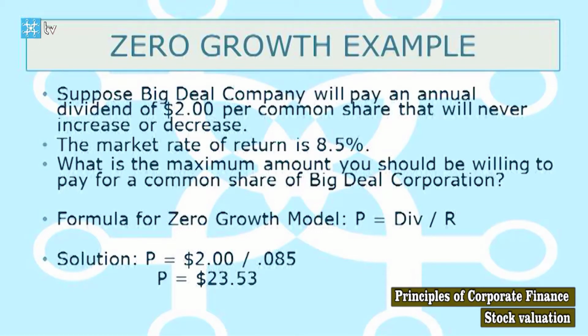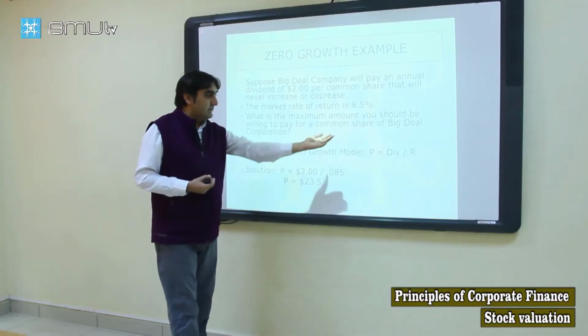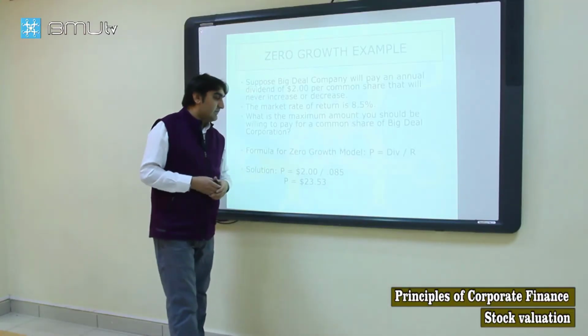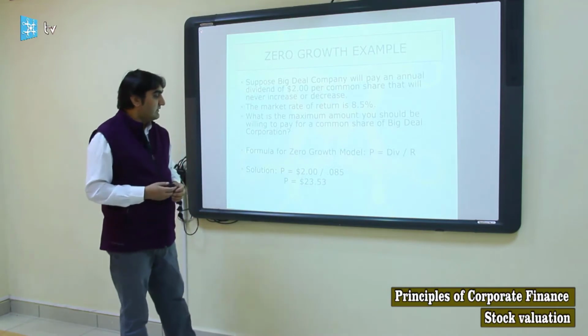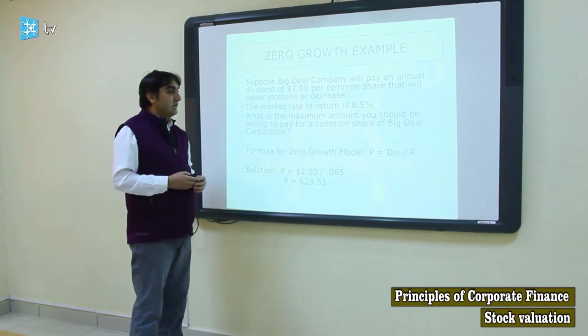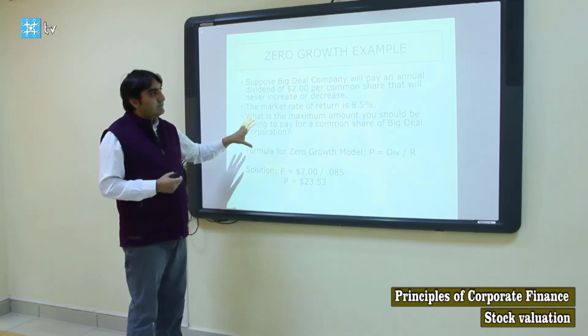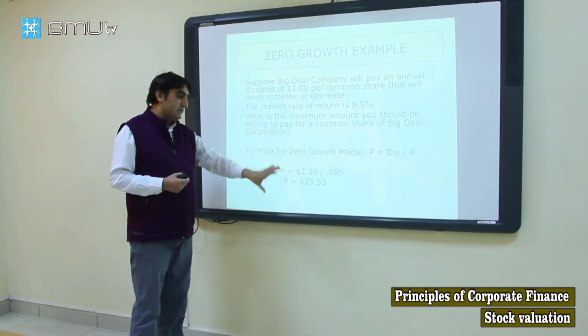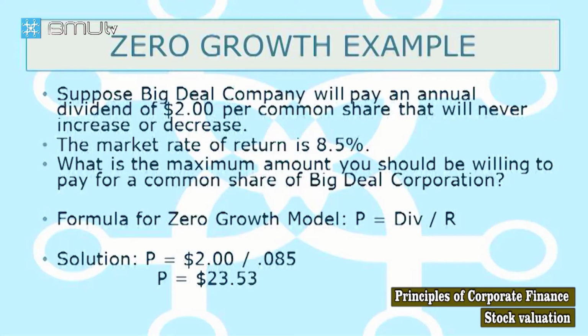The maximum amount you will pay is the price. People are rational, no one will pay higher than its price. Price is the dividend divided by the rate, $2 divided by 0.085, which is $23.53. So the maximum you will pay is $23.53, this is the price.